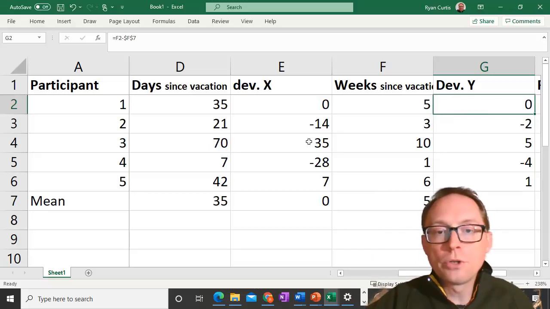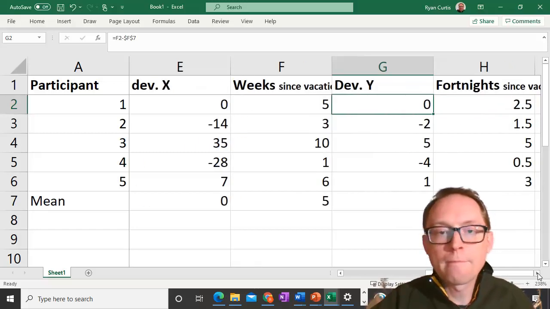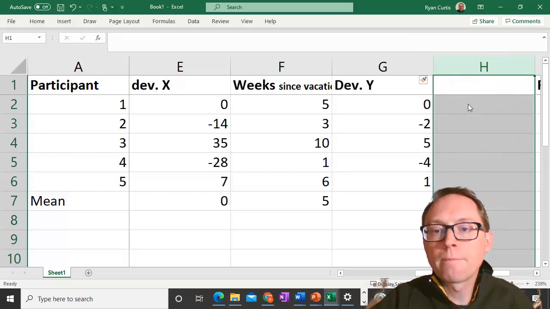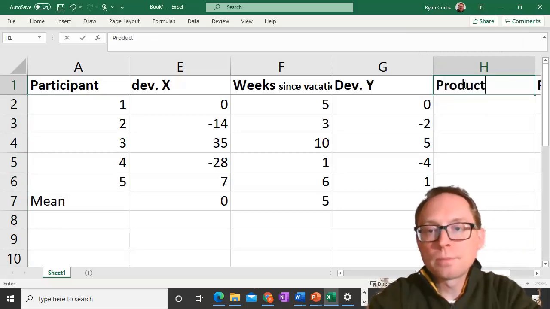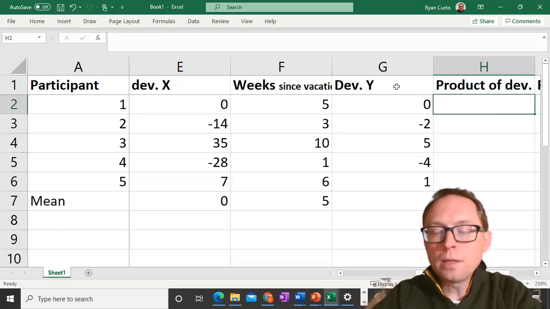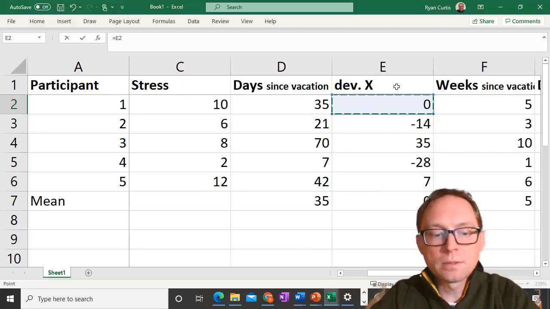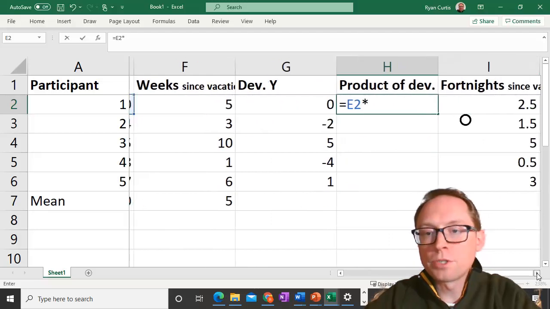So I'm going to move over one more and create a new variable, which is going to be the product of deviations. It's going to be the deviation of x times, let me move it over so you can see it.